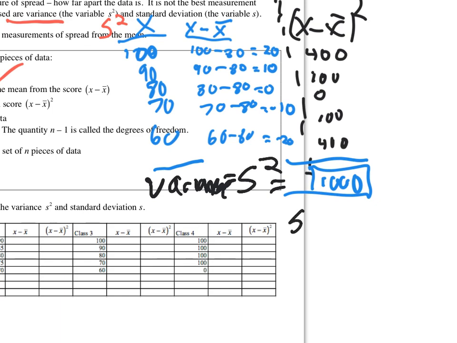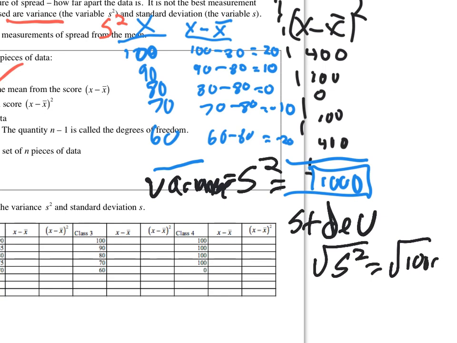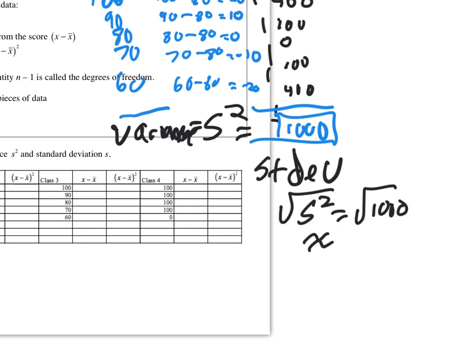To find the standard deviation, it says to take the square root of the variance. So I'm going to go square root of s squared. In this case, square root of 1,000, and I might need a calculator for that. It's approximately... no, square root, not square.